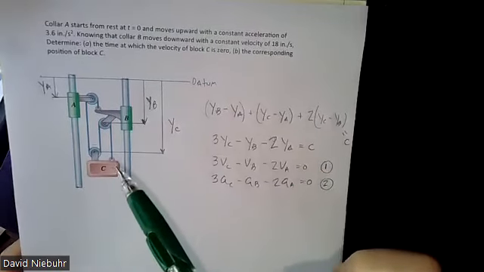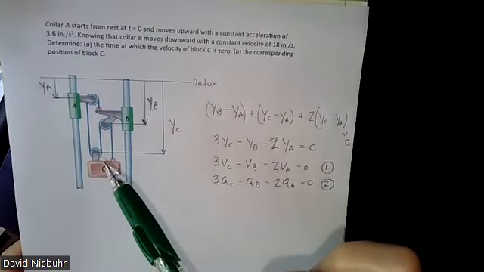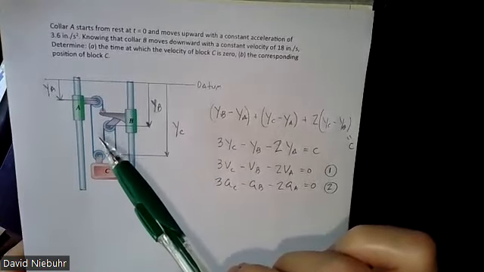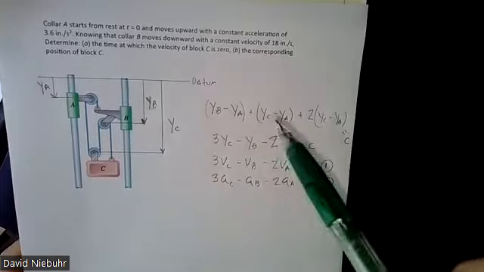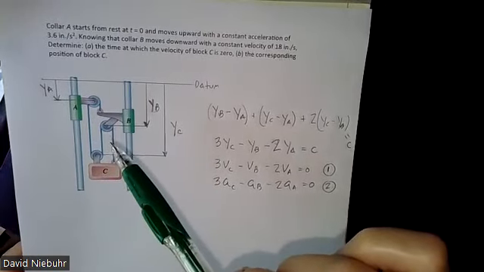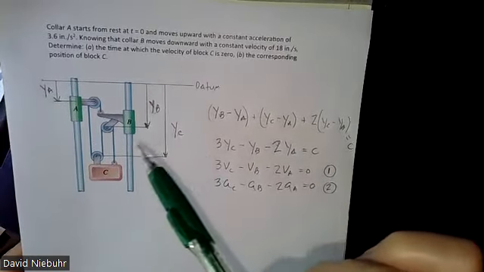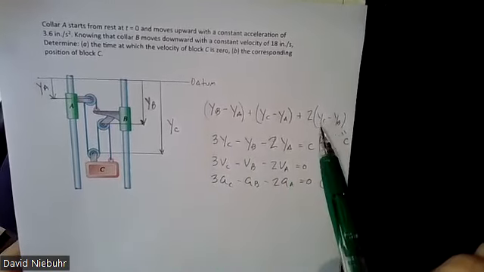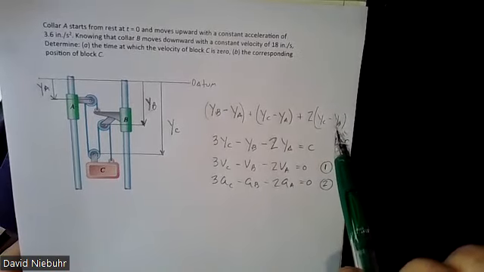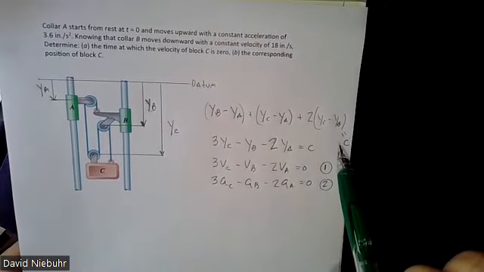YC minus YA, well, here you can see that, and then you can see YA. So this piece to the far left is that. And then we have our two pieces here, which are just 2 times YC minus YB. Got a little squished in the corner, but that's YC minus YB. And so that equals 0.